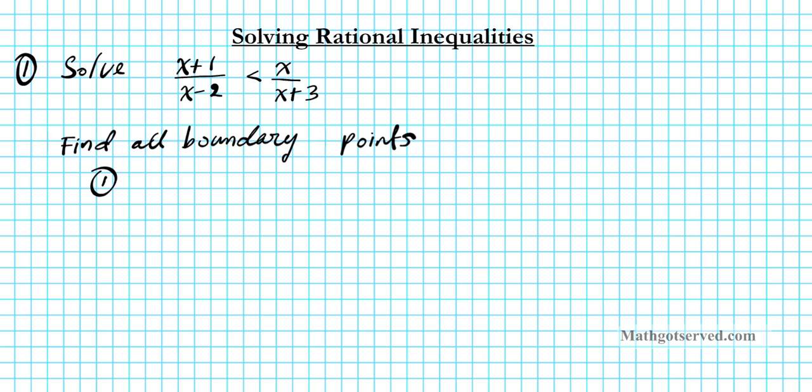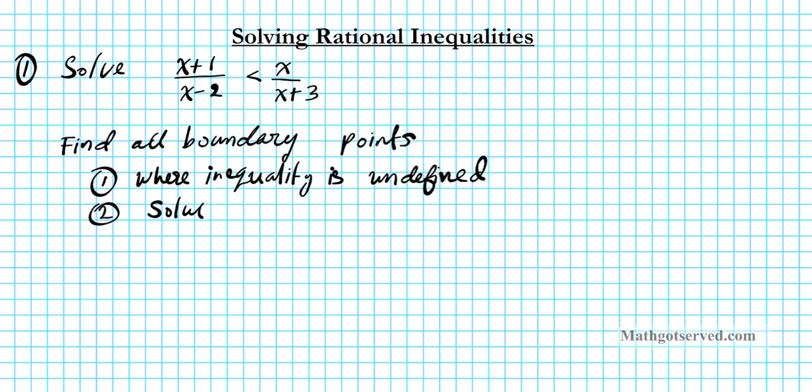So one is where the inequality is undefined. Those are boundary points. And the second set of boundary points are the solutions to the equation form. We'll express this as an equation and solve for the solutions, which will give us the other set of boundary points, okay?